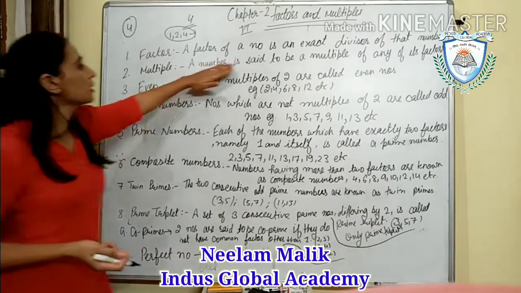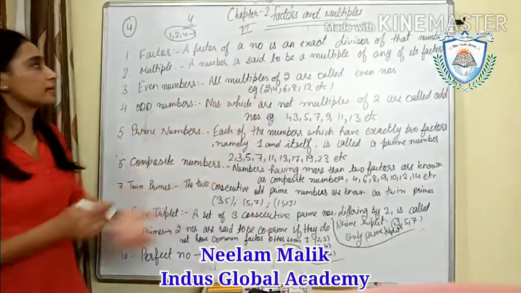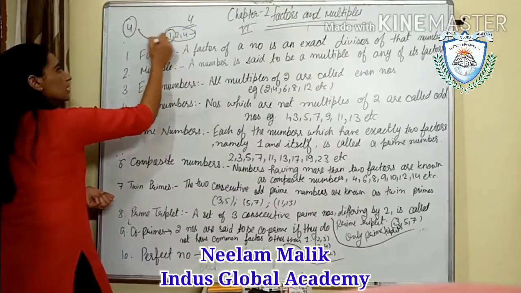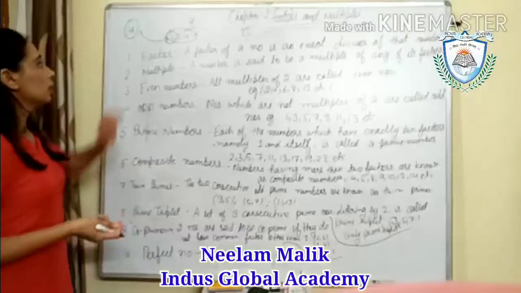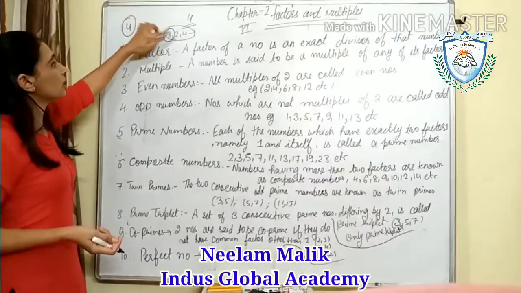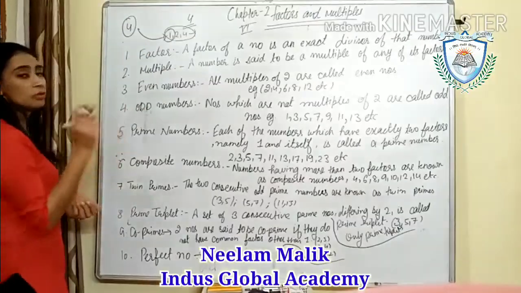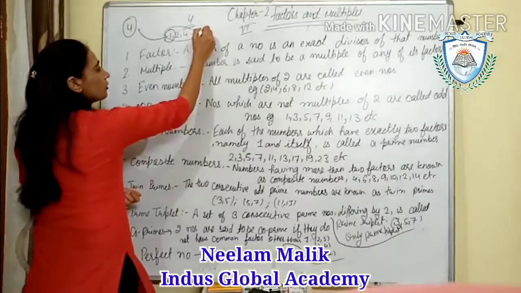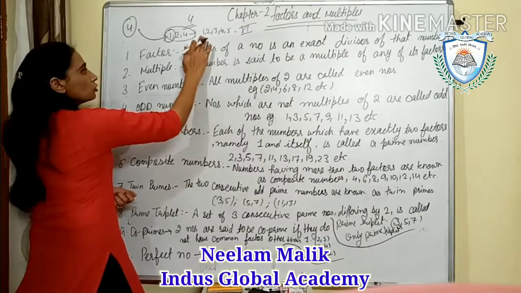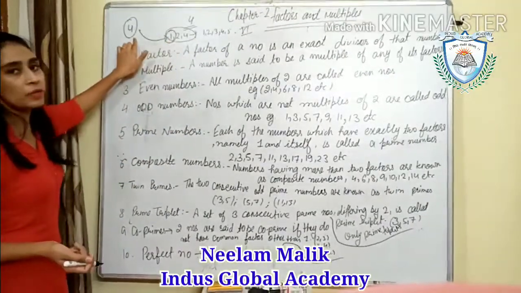So a number is said to be a multiple of any of its factors. If I'm talking about 4, so 4 is a multiple of 1, 4 is a multiple of 2 and 4 is a multiple of 4. Or you can say when you write the multiples of 1, you will get 1, 2, 3, 4, 5 like this. So in the multiples of 1, 4 will come.